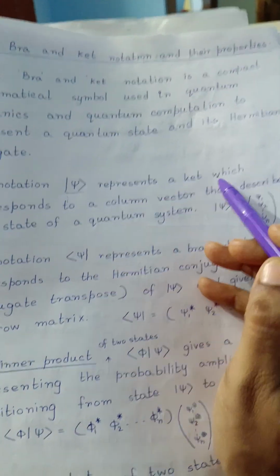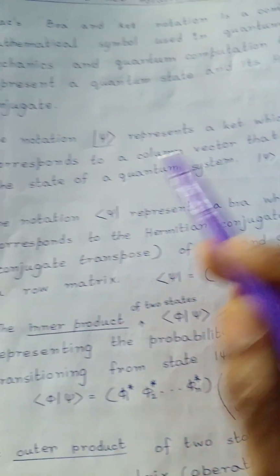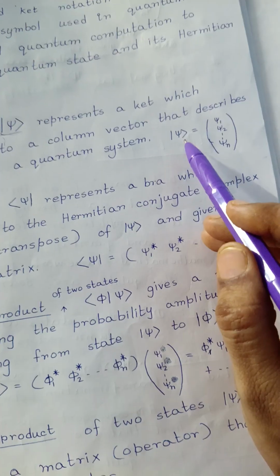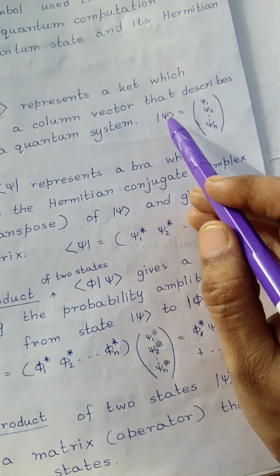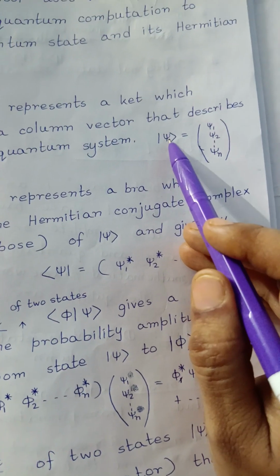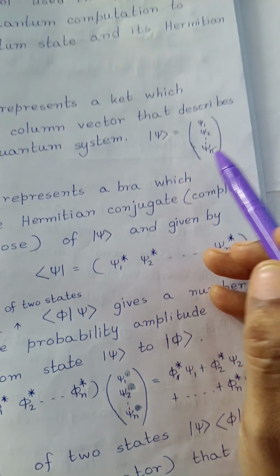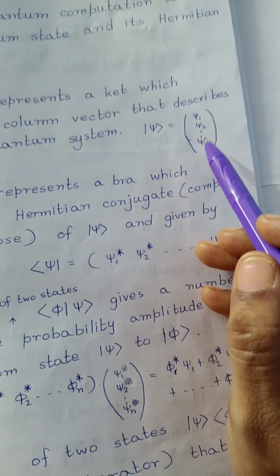It represents a Ket which corresponds to a column vector that represents the state of the quantum system. So, as I said, you all know already the quantum state of a system can have n number of linearly independent components, where n can take any integer values.